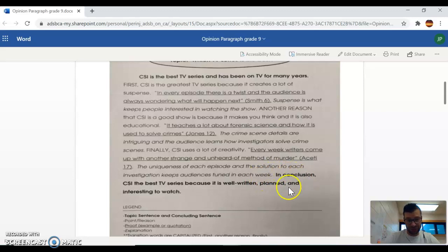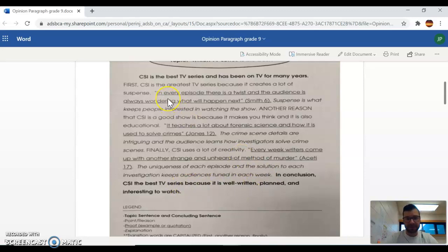In conclusion, CSI is the best TV series because it is well written, planned, and interesting to watch. So you notice that they have 3 points here in their conclusion. 1, 2, 3. These 3 points relate back to the 3 points that they're making in this paragraph.